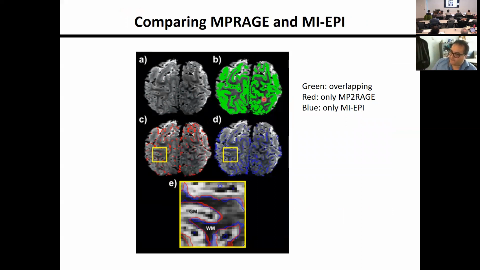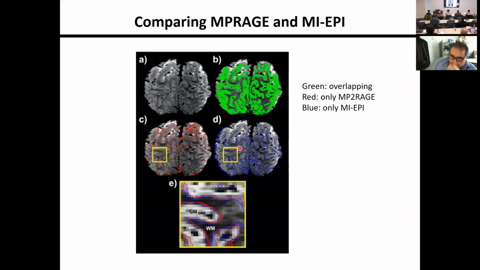So these are the common voxels which both approaches say are gray matter. In red, you see the voxels which are labeled as gray matter from the MP2RAGE only. And in blue, you see the voxels which are labeled as gray matter from inversion recovery. So there are some non-overlapping voxels and there's a large amount of overlapping voxels.